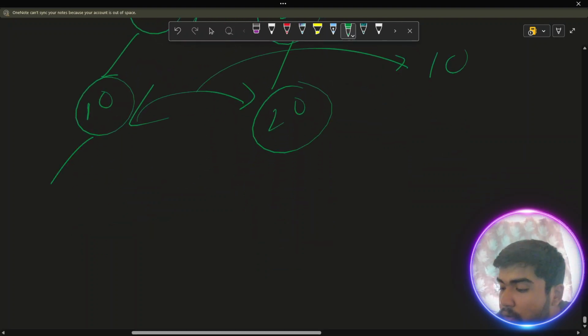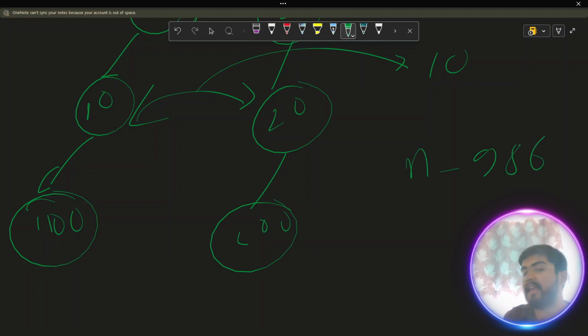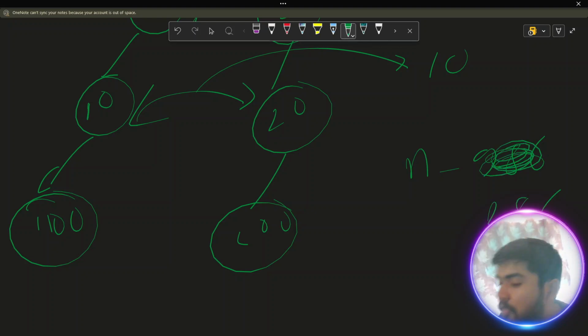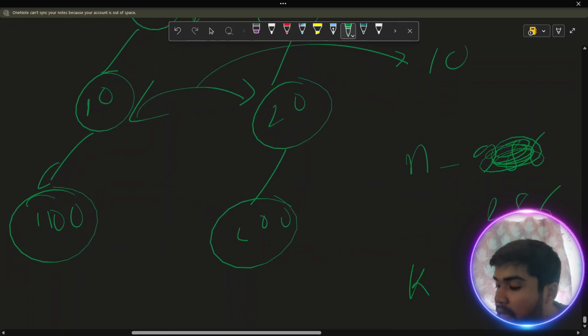Similarly, if I go more deep, at 100 this becomes 200. So let's take a boundary. Let's suppose our n is 986, or let's take a smaller value so that it is easier to show in a diagram, and our k is 286.